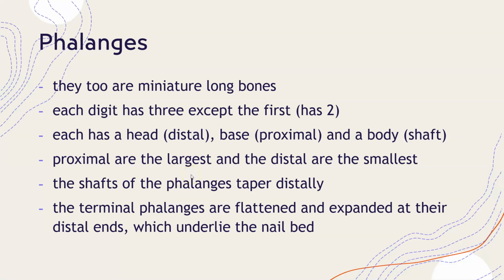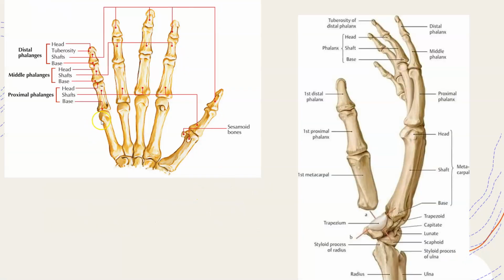The phalanges, they too are long bones, but they are considered to be miniature long bones. Each digit has 3 phalangeal bones, except for the first. So you can see 1, 2, 3 for digits 2, 3, 4, and 5, but digit 1, your thumb, only has 1, 2.